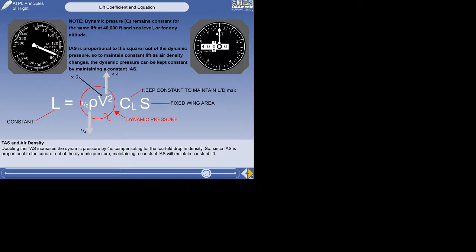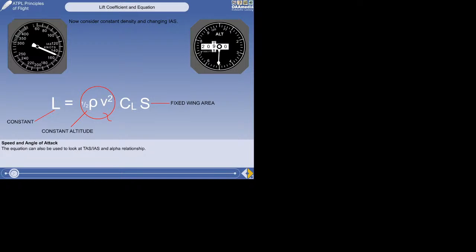Because of the square function of the TAS, doubling it would increase dynamic pressure by 4, compensating for the 4-fold drop in density. So, since IAS is proportional to the square root of the dynamic pressure, maintaining a constant IAS will maintain constant lift.